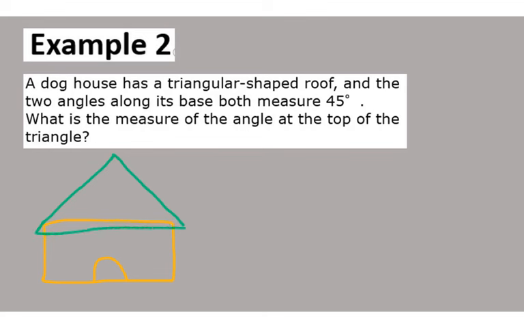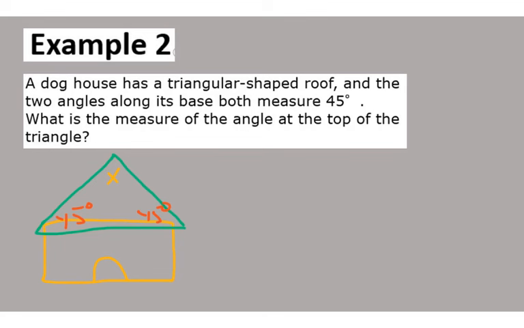So we have a triangle, and it tells us that the measurements along the base are both 45 degrees. So this is a 45 degree angle, and this is a 45 degree angle. Then we're left with our unknown of x, and this is what we're trying to figure out.